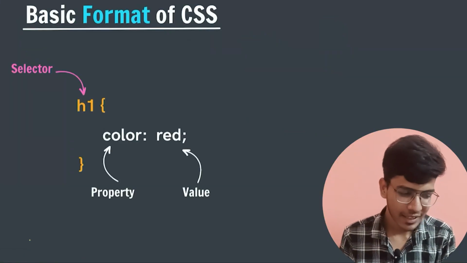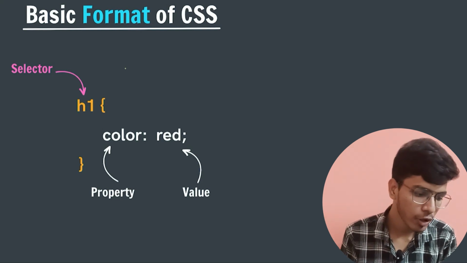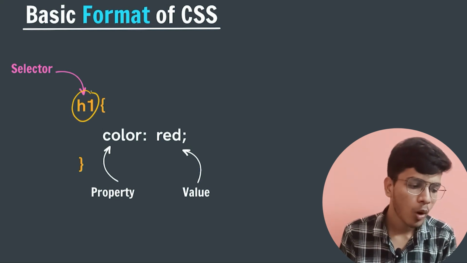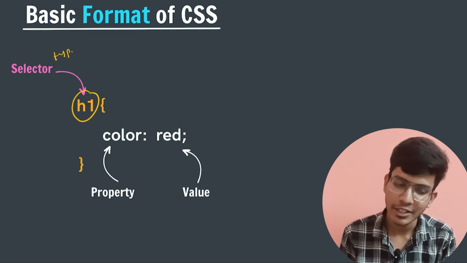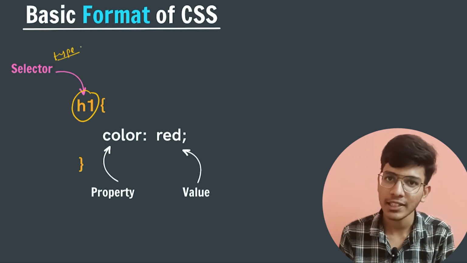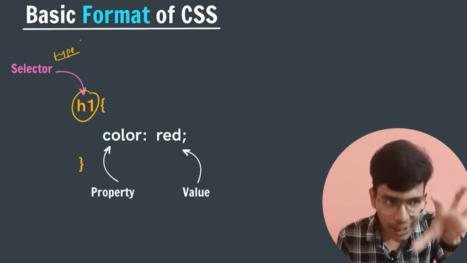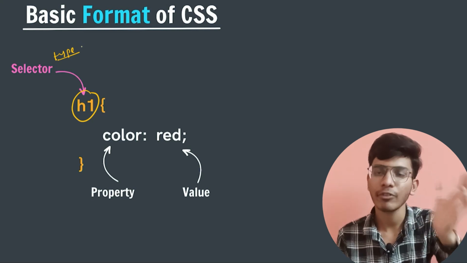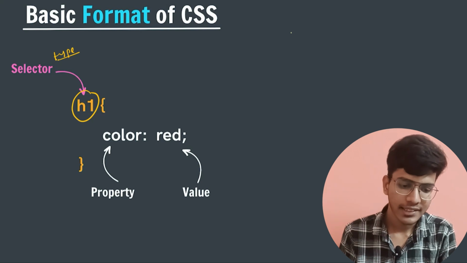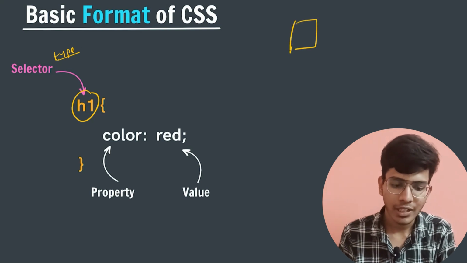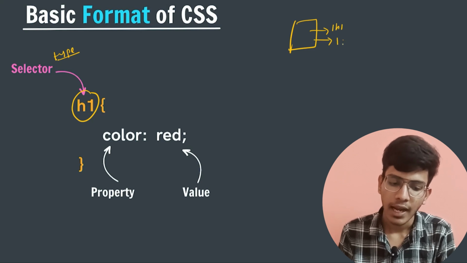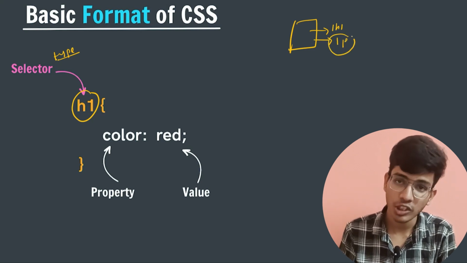Now let us recall how a selector looks like. So a selector looks like this, something like this, right? First of all, we will write the type of selector, what type of selector we are gonna use, right? We have different types, we will talk about them, but on that particular selector your styling will get applied. For example, let's say that in a page I'm having one h1 tag, and one paragraph tag, and I want to give styling to this paragraph tag.